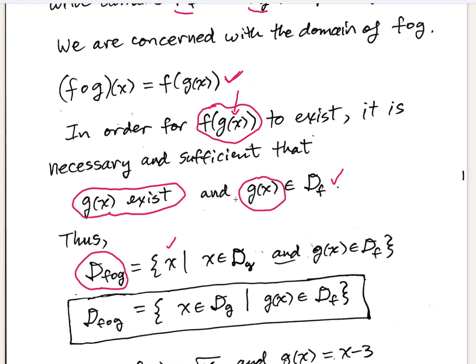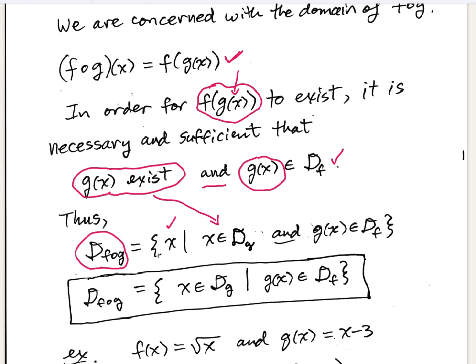Another way to say this: g of x exists would be that x is an element of the domain of g, and g of x is in the domain of f. So the domain of f composed with g is in fact the set of all x that satisfies this.